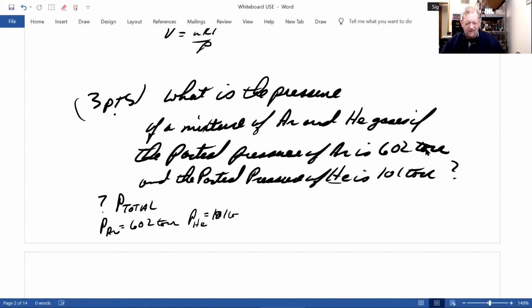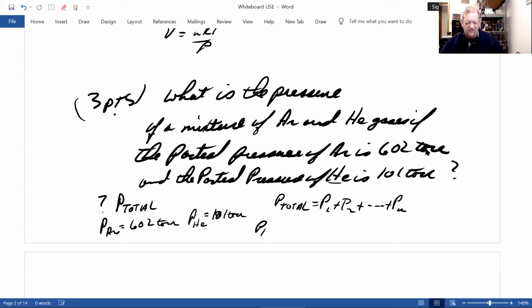101 torr. And remember, P total equals the sum of all the partial pressures.